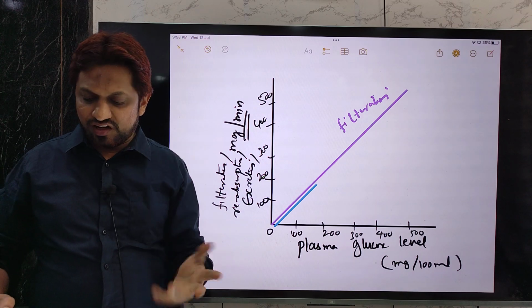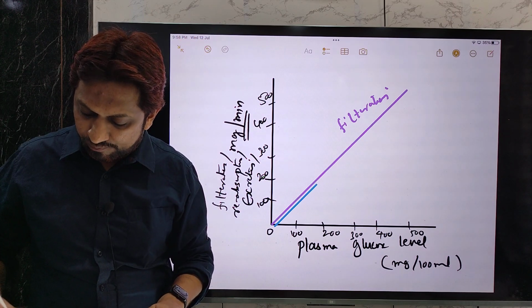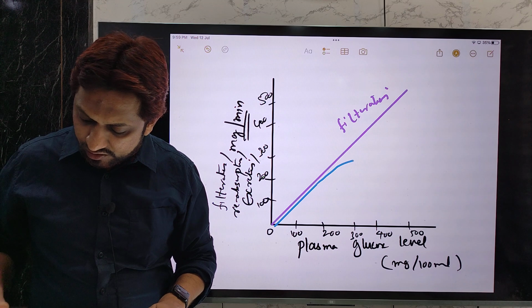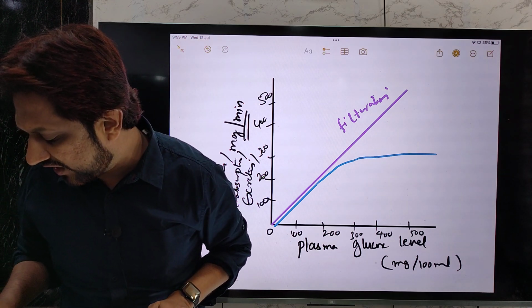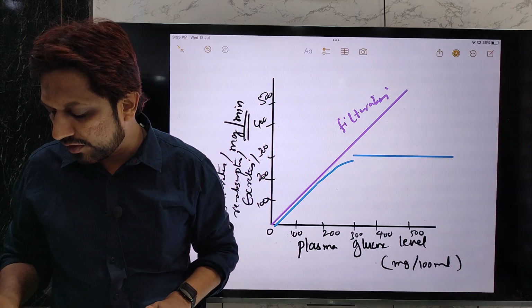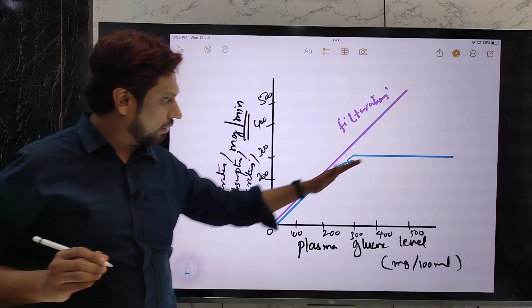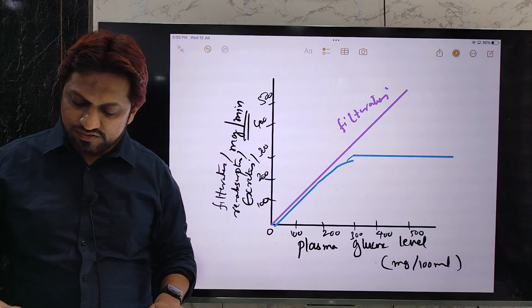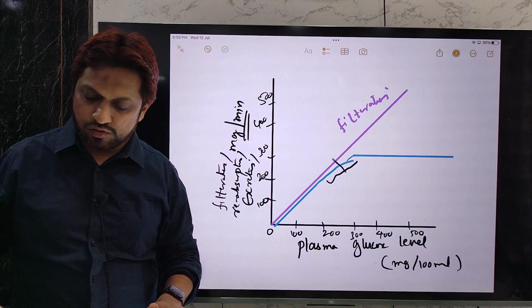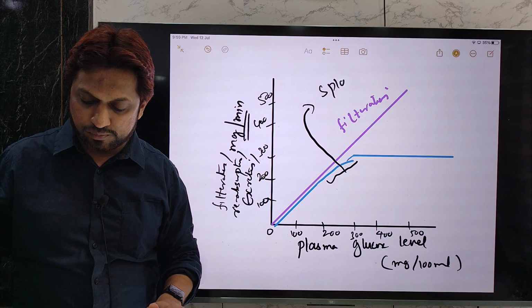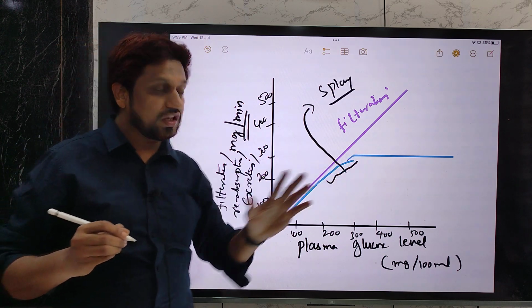But after that, you can see there is a curve, and after around 375 milligram it will again become a straight line. It will not become an abruptly straight line; there is a curve. This curve is known as splay. We are going to discuss this. Right now, concentrate on the reabsorption.